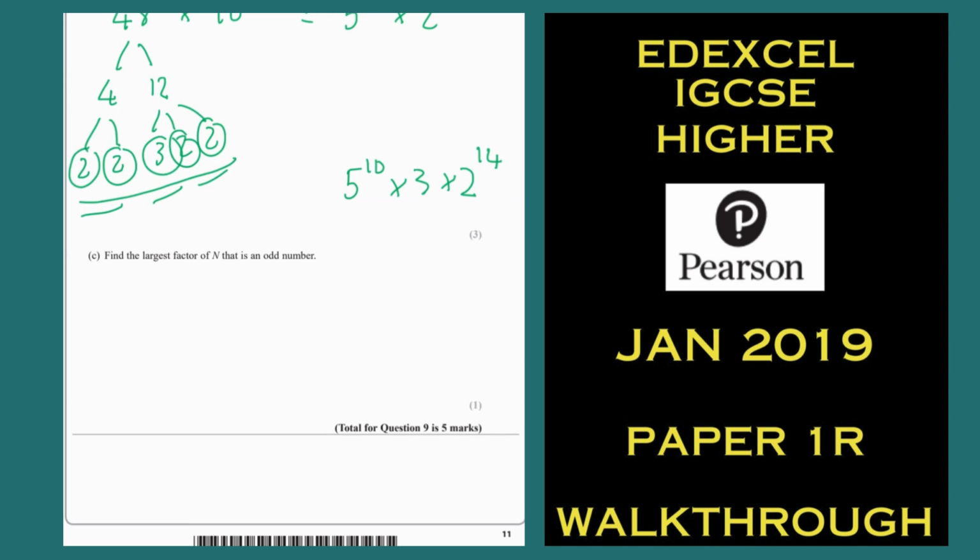So as you know, whenever you times by an even number, you get an even answer. So basically, you need to miss the even numbers. So it's 5 to the power of 10 multiplied by 3. Stick it in your calc, you get the wonderful answer of 29,296,875. On we go.